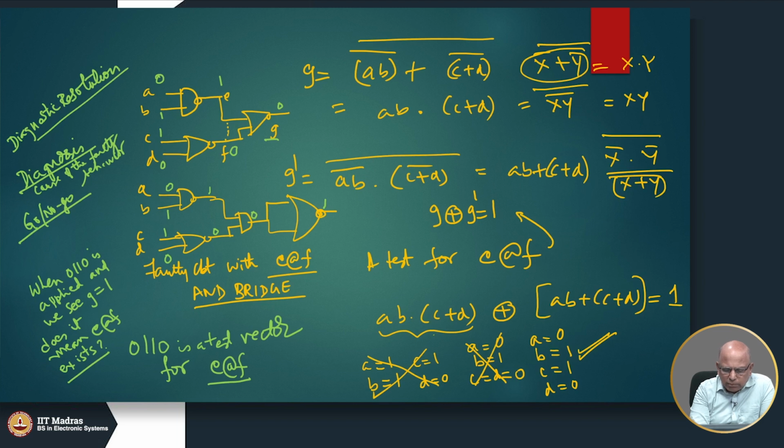So, I am able to think of at least 4 possible reasons: A stuck at 1, or E stuck at 0, or G stuck at 1, or E bridged with F. So, this time the resolution is poor.